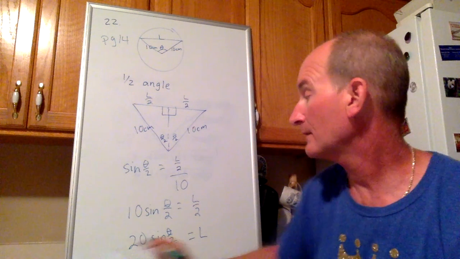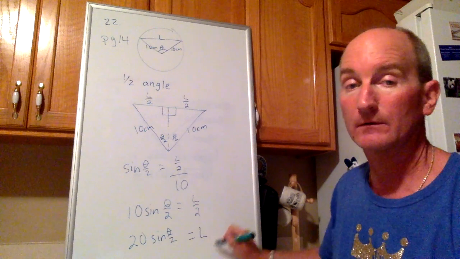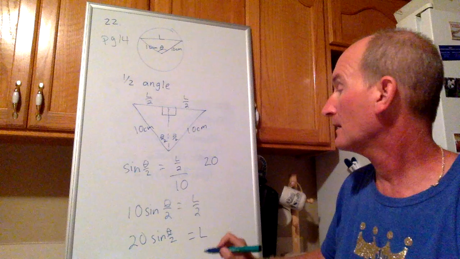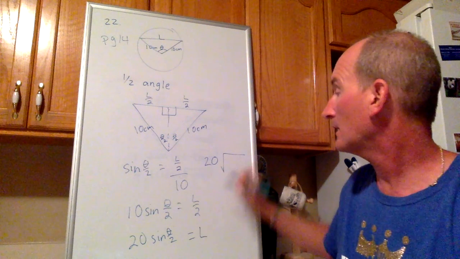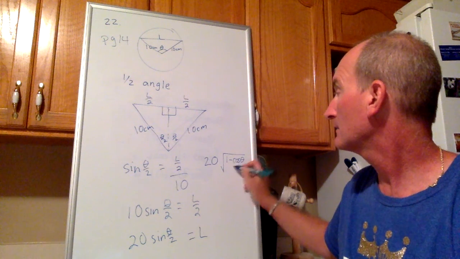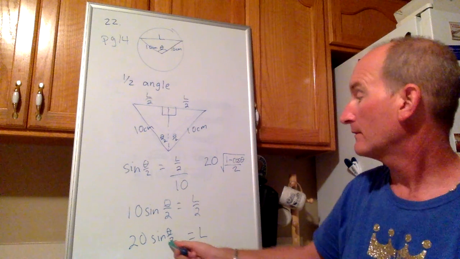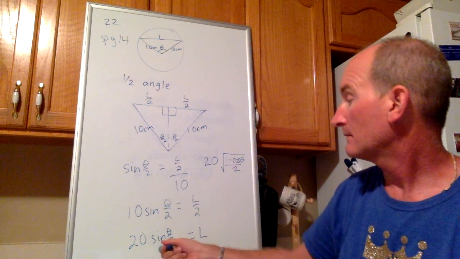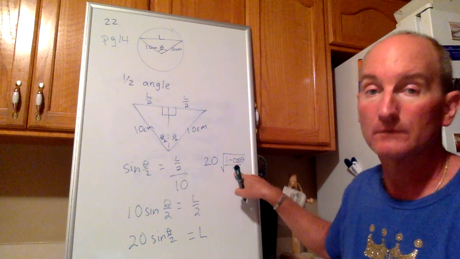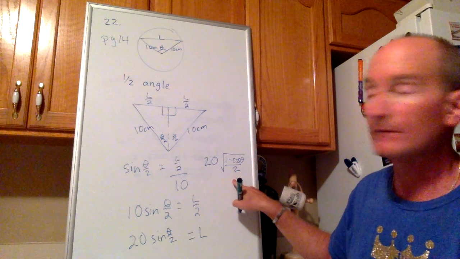From your trig days, this half angle identity, I'm going to move over here because you might be off the screen, is the same as 20 times the square root of 1 minus cosine theta divided by 2. This sine theta over 2 is identical to the square root of 1 minus cosine theta divided by 2.